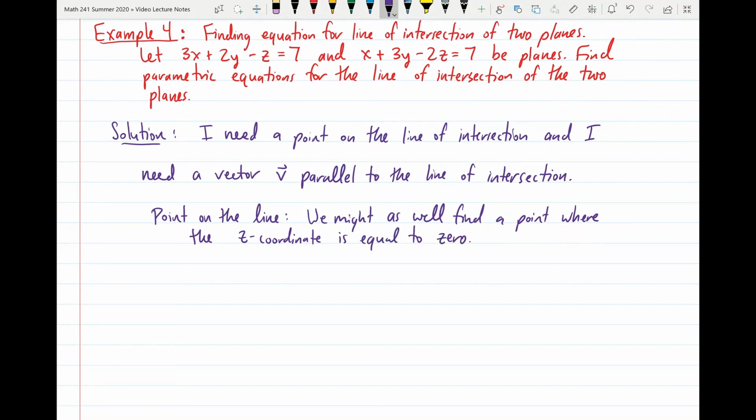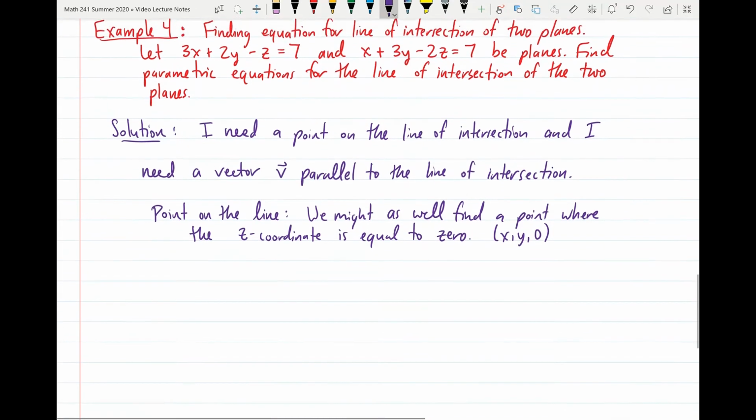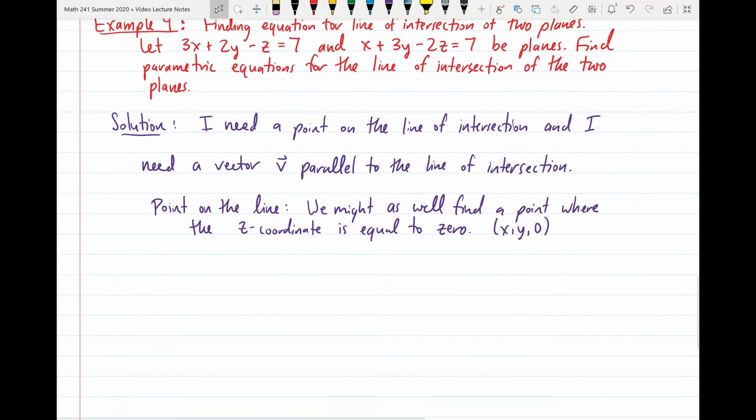So again, we're just looking for any point that lies on the line of intersection, and to simplify this, we might just say, well, why not find the point where the z coordinate is equal to 0, or the z-intercept. So the point is going to have the form x, y, 0. And what this does to help us is it simplifies the equations for both of the planes above.